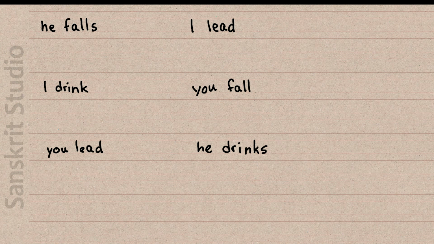So let's try to get this together here. He falls. We know it's saha, and we know it's patati. So it becomes in Sanskrit saha patati.